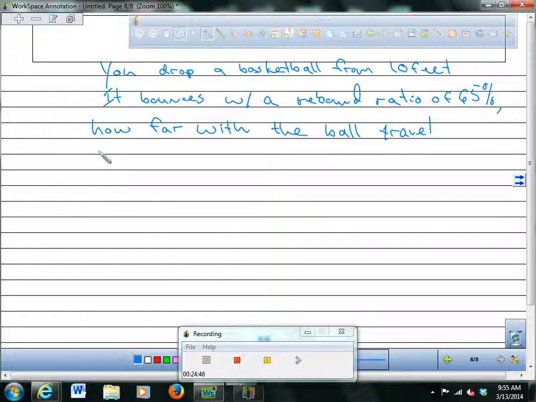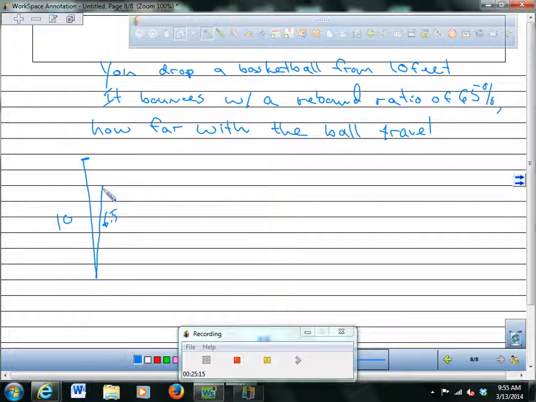So basically what's happening, here you are at 10 feet. Is that how high a basketball hoop is? 10 feet? Yeah. So the basketball goes down 10 feet, and then it's going to bounce up how far? 6.5 feet because it's got a rebound ratio.